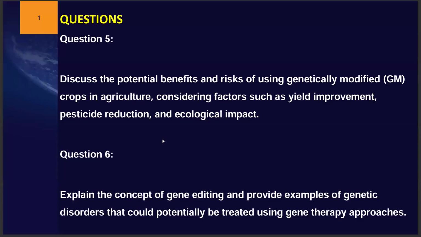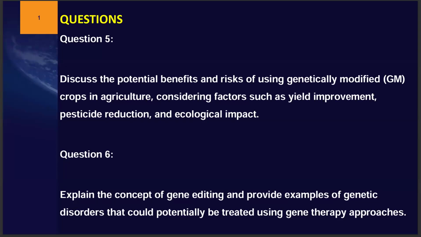All right, let's go to question 5. Discuss the potential benefits and risks of using genetically modified crops in agriculture, considering factors such as yield improvement, pesticide reduction, and ecological impact.